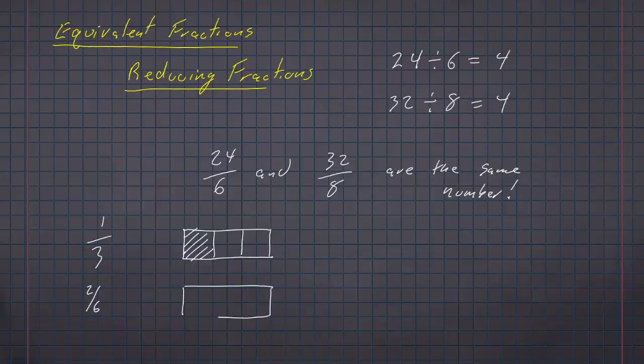Take a bar of the same size, divide it into 6 equal spaces, and shade in 2 of them. And you've shaded in the same amount of the bar either way. So visually, when you think about it, it should make sense that 1/3 and 2/6 are the same number.